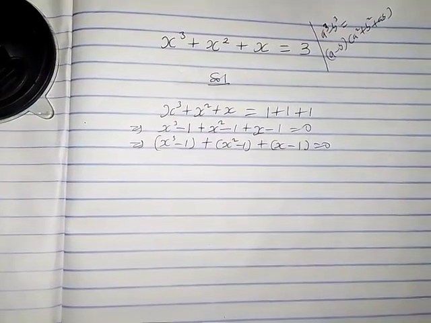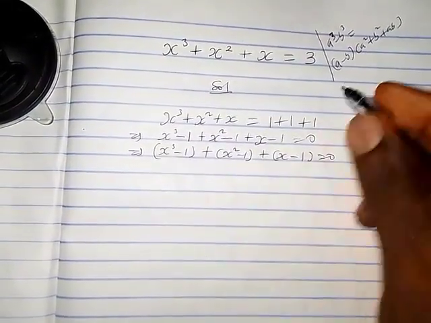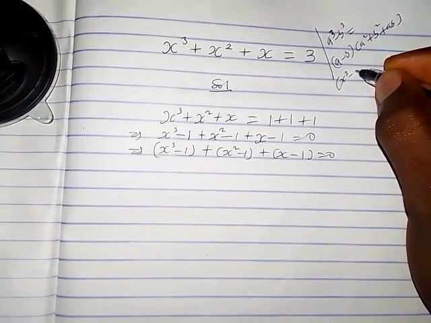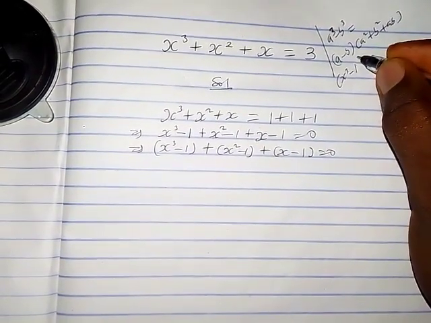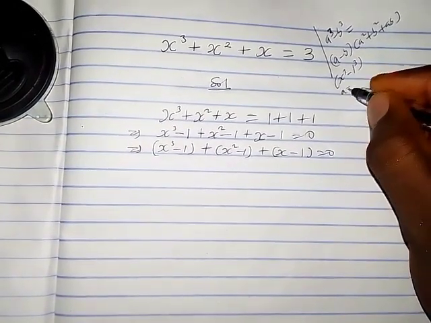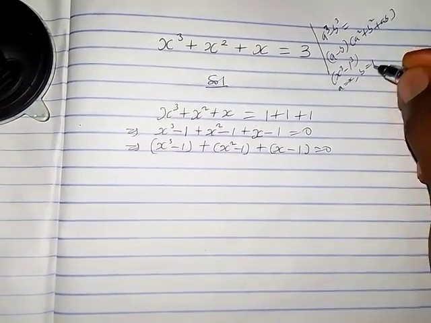So in this case, the value of a is x and b is simply 1. So let's just write it here. We have x raised to the power 3 minus 1 cubed.